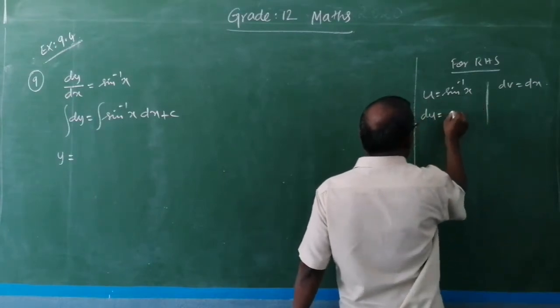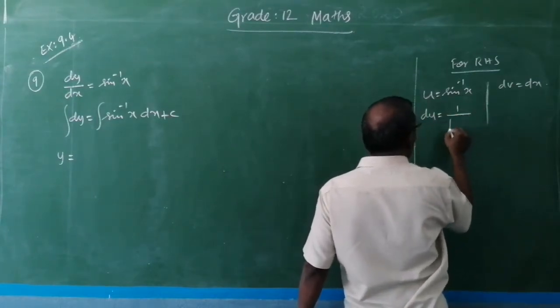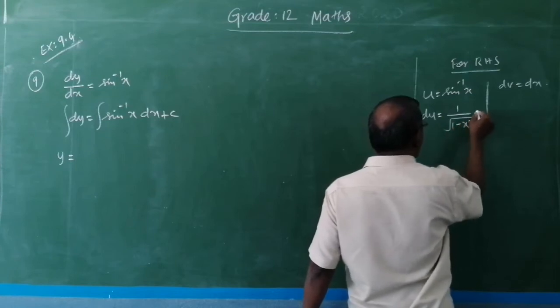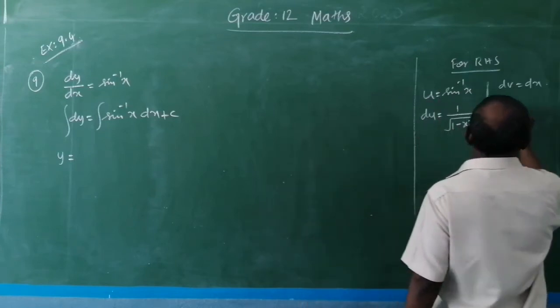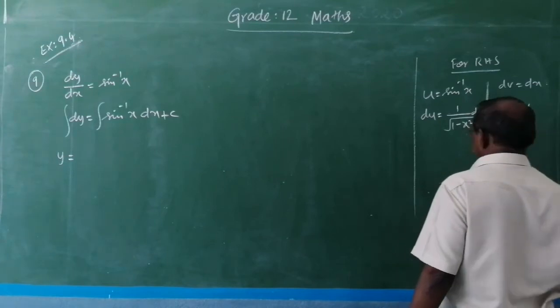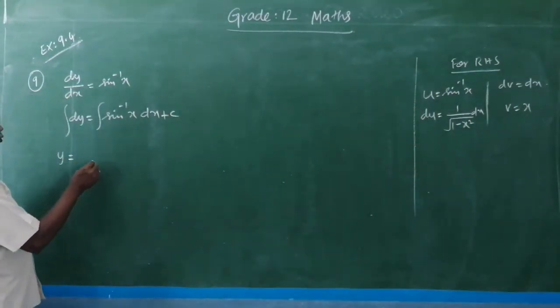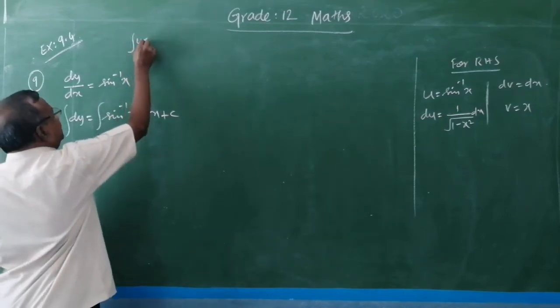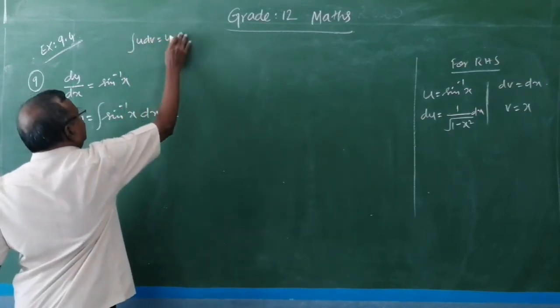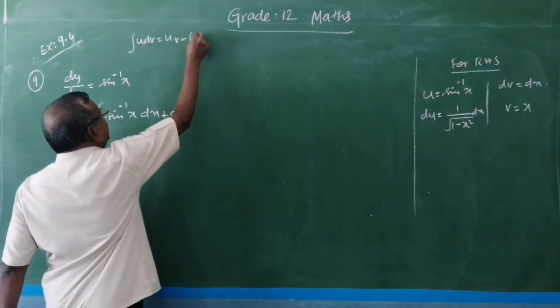Differentiate u, du equal to 1 by root of 1 minus x square into dx, and dv means v equal to x. So we know that integral u dv equal to uv minus integral v du.